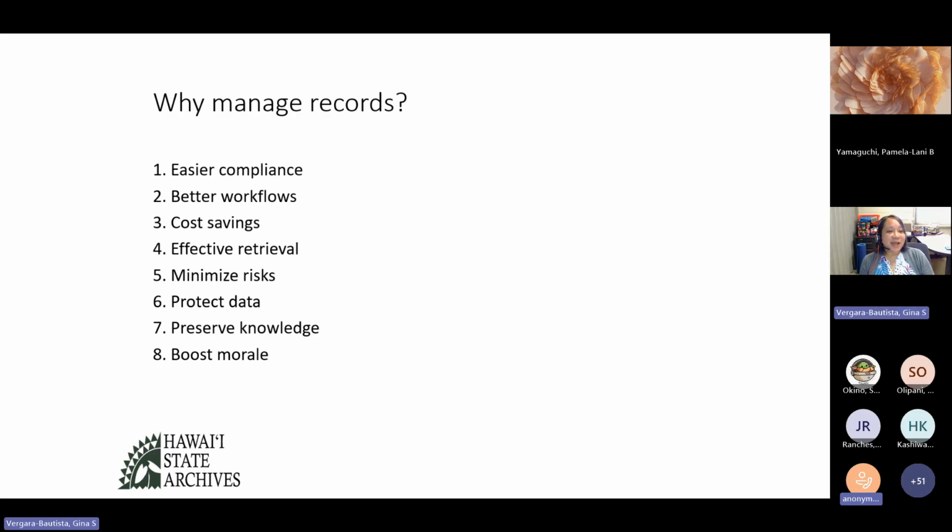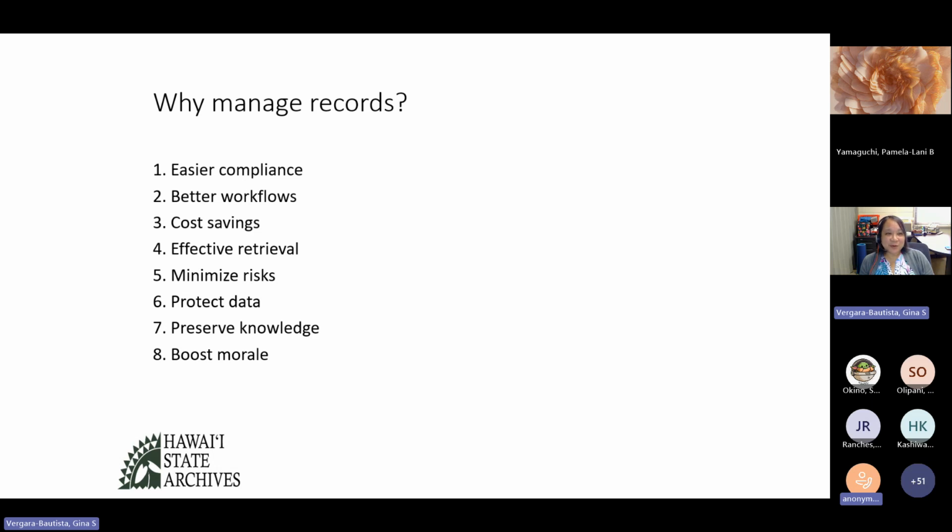We also minimize risk by destroying records in accordance with an approved retention schedule so that if there's any litigation, we don't need to go through so many records, and especially if they're electronic records, we don't need to produce all of those records if we destroyed them properly.